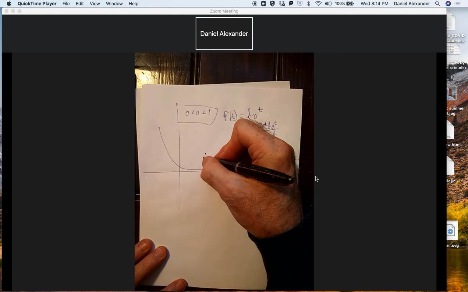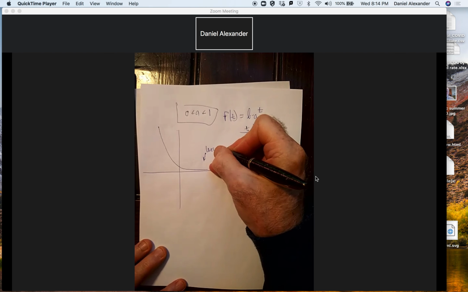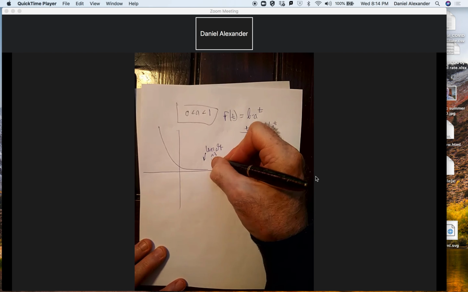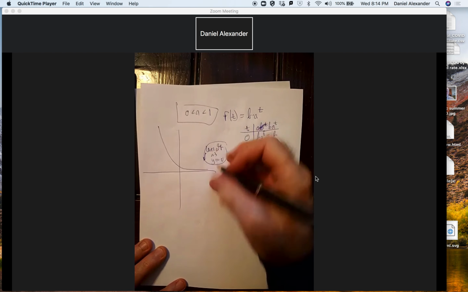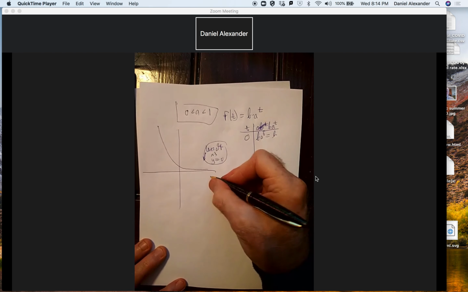So here it levels off at y equals 0. So we have a right horizontal asymptote of y equals 0.